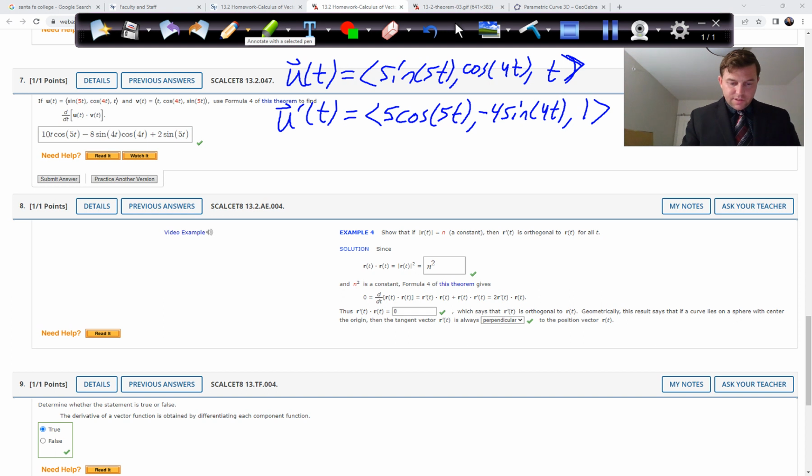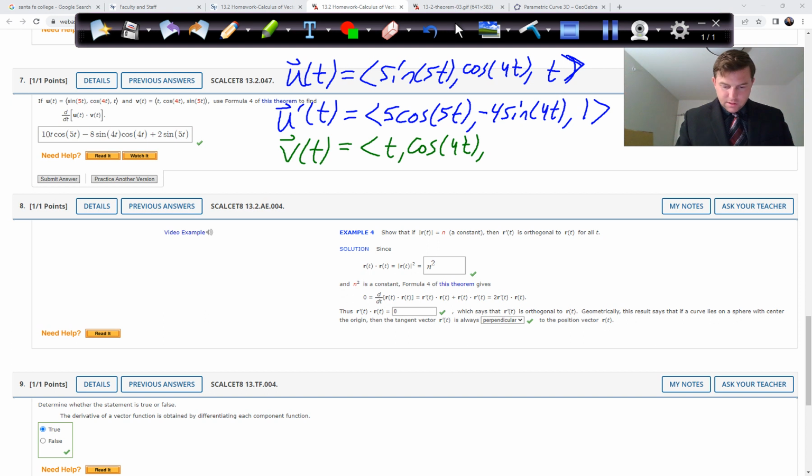Okay, now let's do v of t. V of t is equal to t, cosine 4t, comma, sine 5t. So very, very similar. Therefore, the derivative is going to equal, derivative of t is 1.